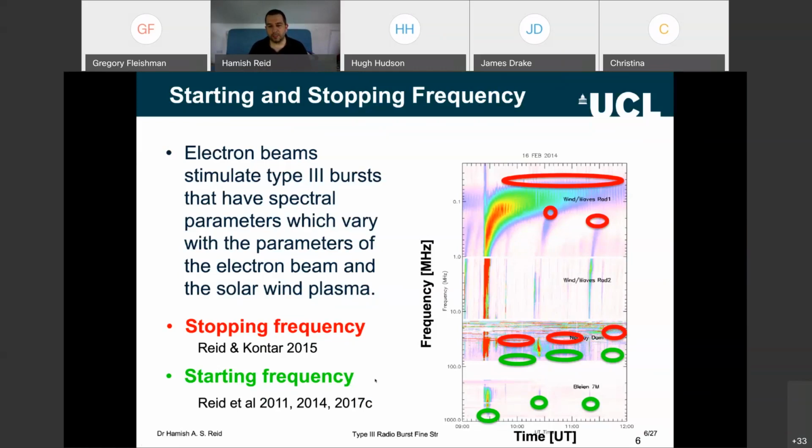Electron beams with a very shallow, or hard, spectral index, as we know from X-ray observations, will go unstable much quicker than soft spectral indices. This is all related to the fast electrons having to outpace the slow electrons. It's also related to the size of the acceleration region itself.